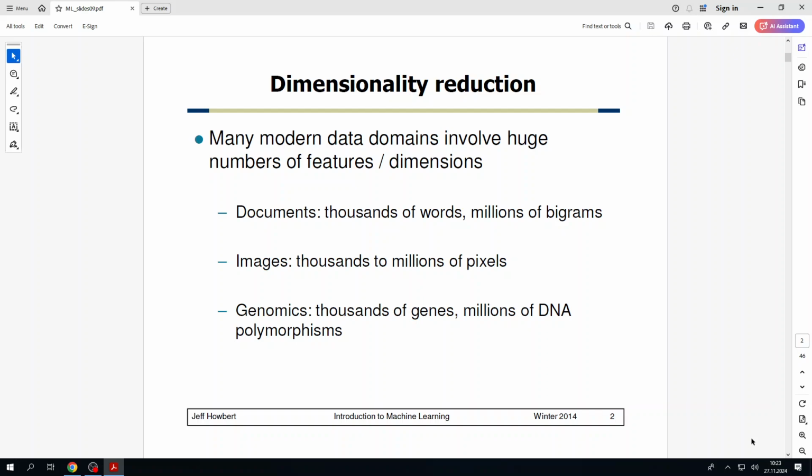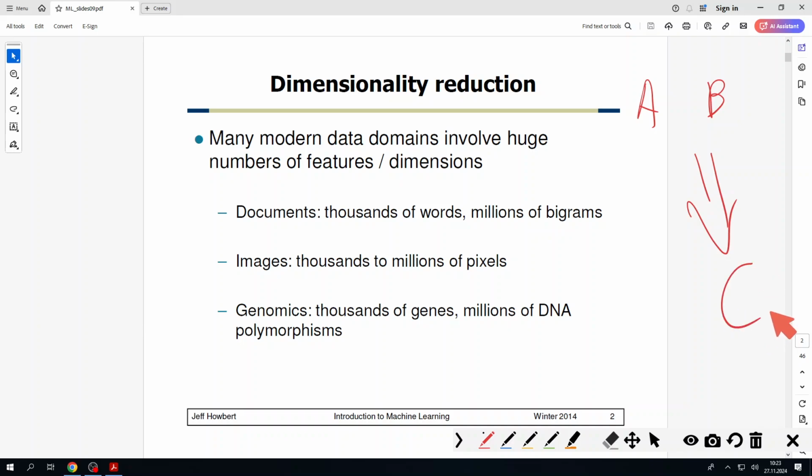In that case, we would like to somehow merge these 2 columns, column A and column B, into some new column C, which is a combination, which I will write like this: combined A and B. And there are ways to do so. Dimensionality reduction is one of the ways to solve this kind of problem.